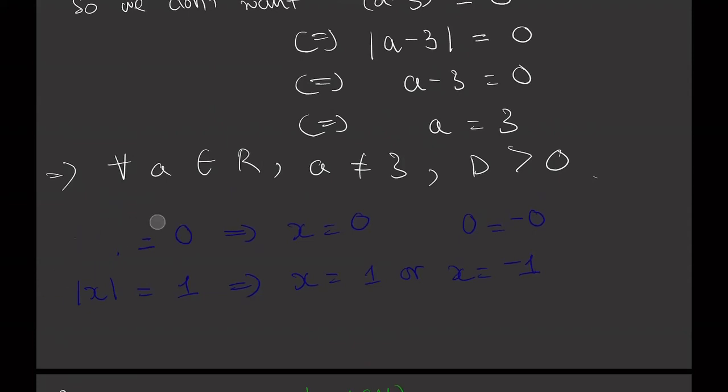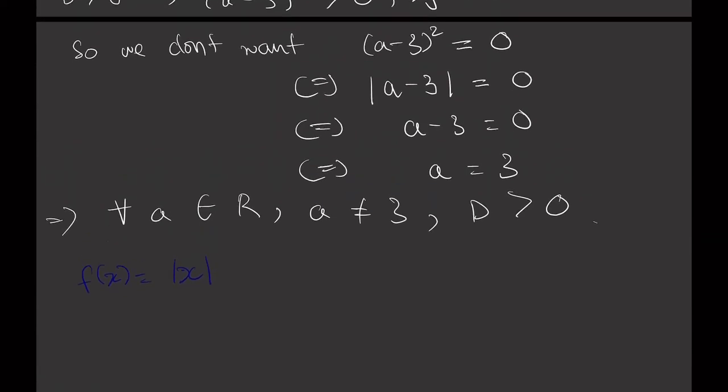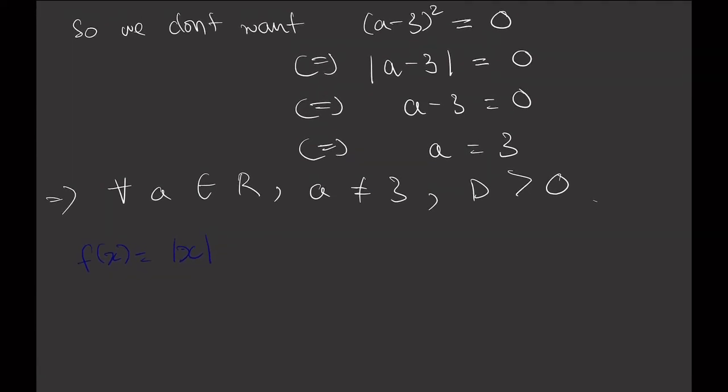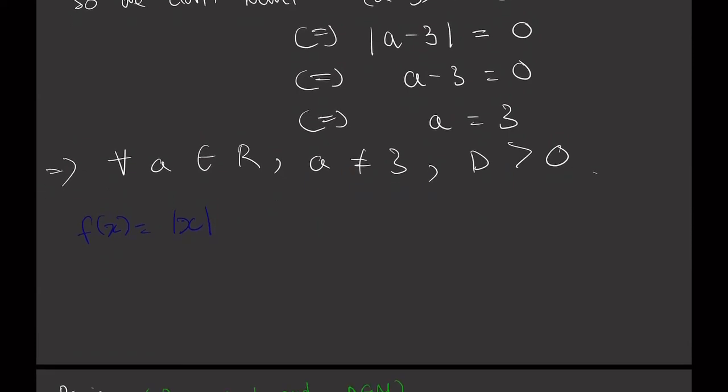Okay, so let me show you this. Let f(x) be the absolute value function of x. Because the absolute value of a minus 3 equals 0, it means that a minus 3 equals 0.